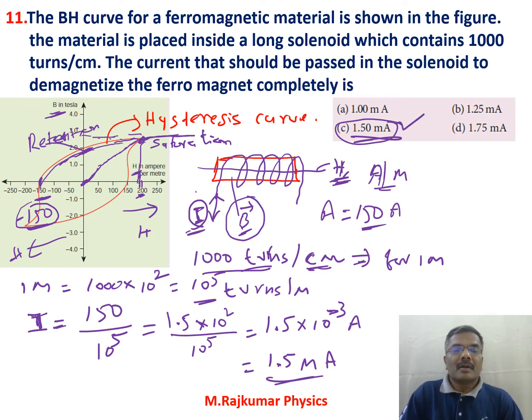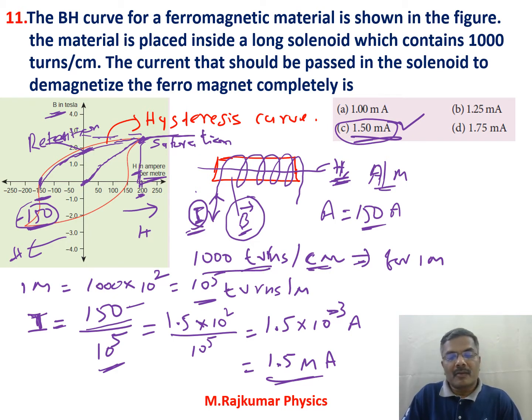Here what you have to understand is that this graph is given to take this value. The 150 amperes is for 1 meter of coil. 10 power 5 is the number of turns, because there are 1000 turns per centimeter, so 1 meter will be 10 power 5.